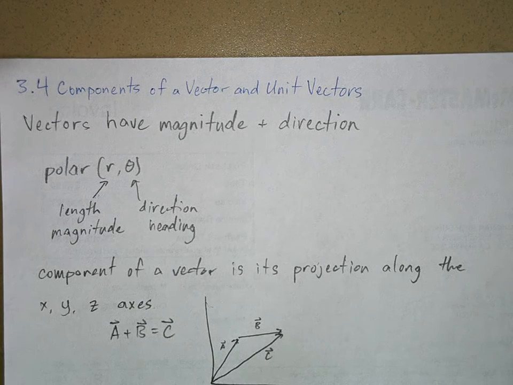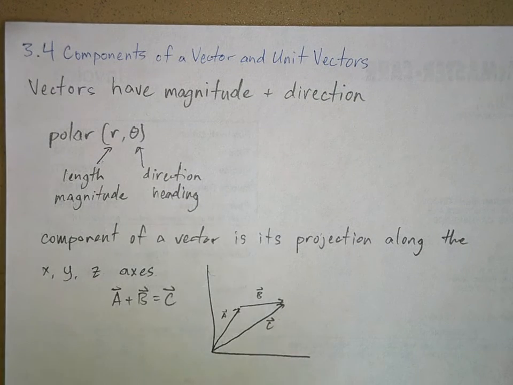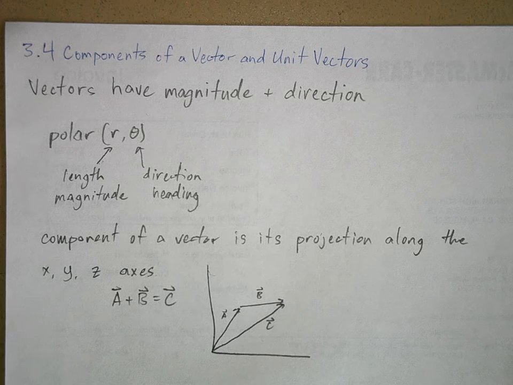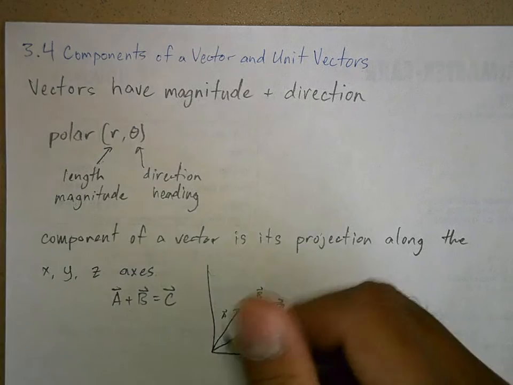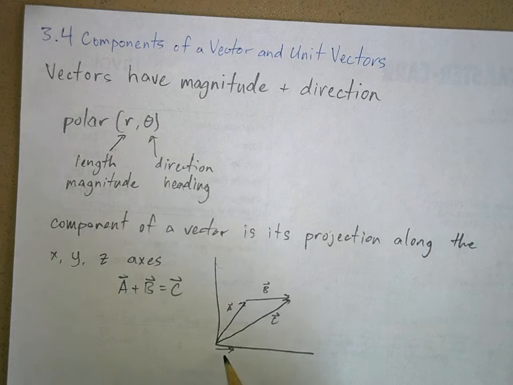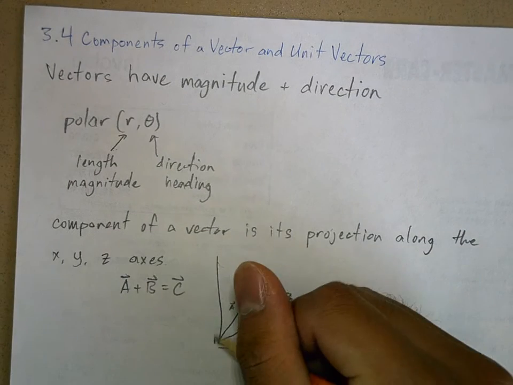What you can do is, if I just wanted to describe to you vector a, obviously I want to describe its size and direction, but I don't want to use polar notation because maybe that's a little confusing. Maybe people aren't used to it. There's a reason why we don't use polar notation, and we'll figure that out shortly. Then I can do that with a if I just use its projections along the x axis here and the y axis here.